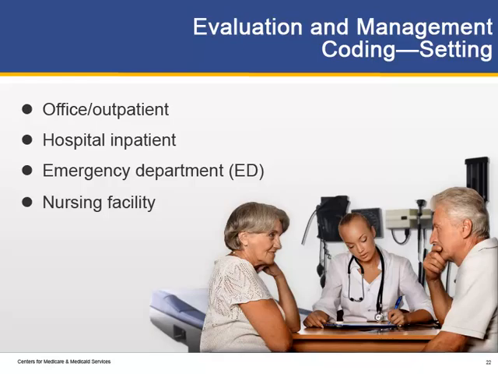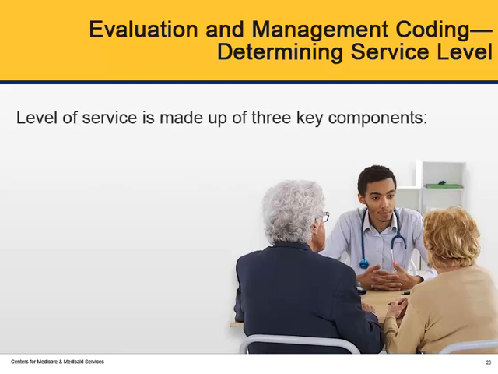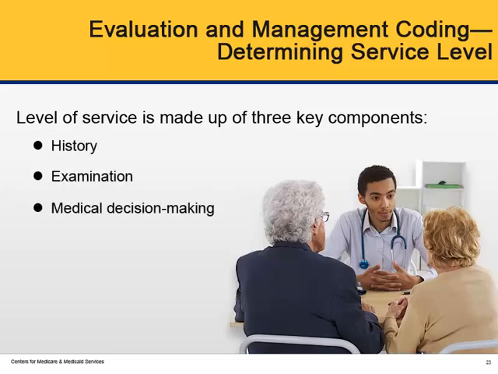Based on the EM choices, the surgeon documented the service setting for J.K. as hospital inpatient, while the ED physician documented the ED. The 3 EM key components used to determine service level and complexity are history, examination, and medical decision-making. Each of these components includes subcategories that must be considered.